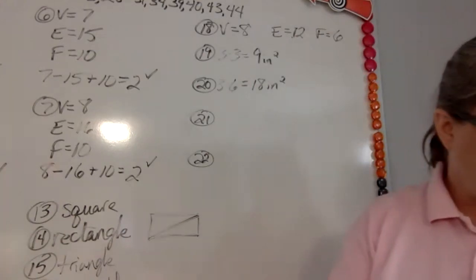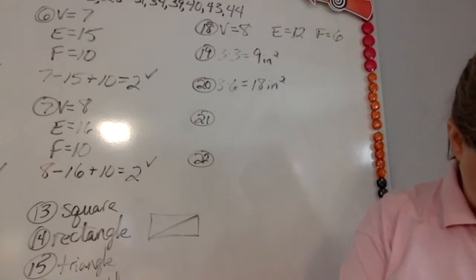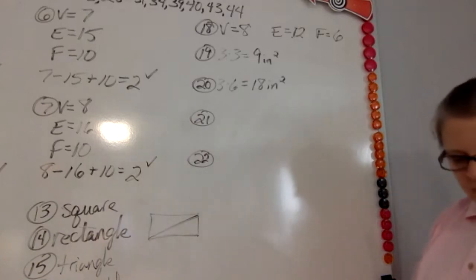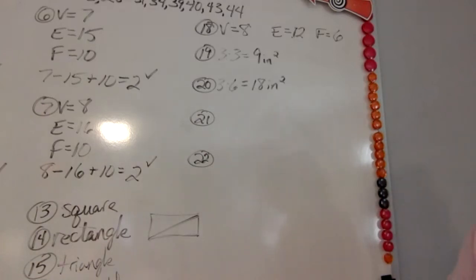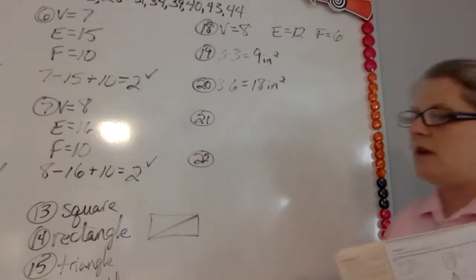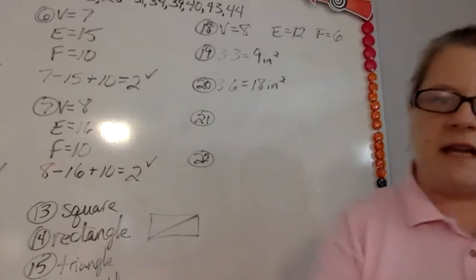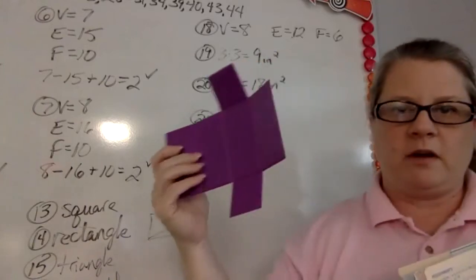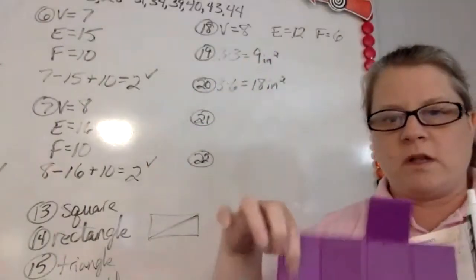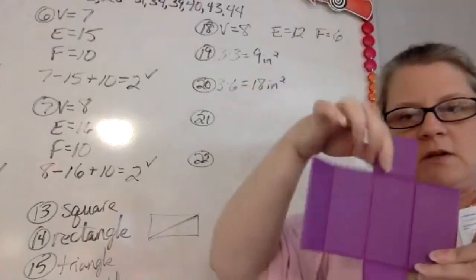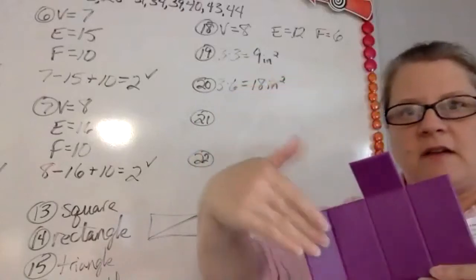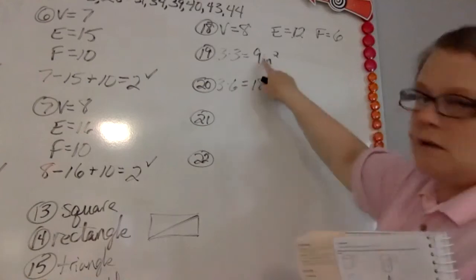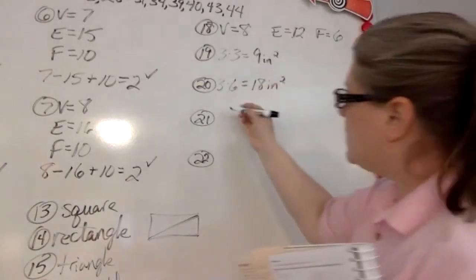Now, for number 21, it says, assuming no overlap, how many square inches of wax paper would be needed to line the box? If I'm lining the box, that's covering every inside of the box. So that's taking all of this together. Pretend this is my wax paper. It's going to take 4 of those big rectangles and then 2 of the little squares to cover everything inside that box. What was the area of the little squares? 9.